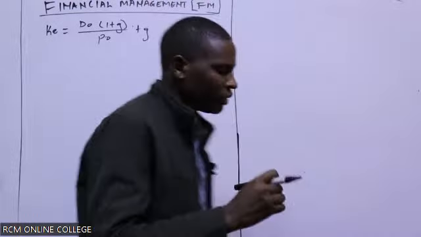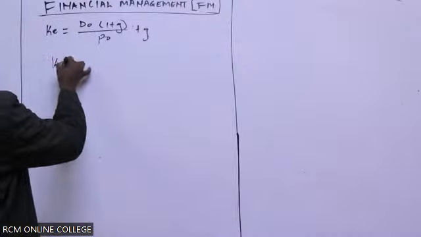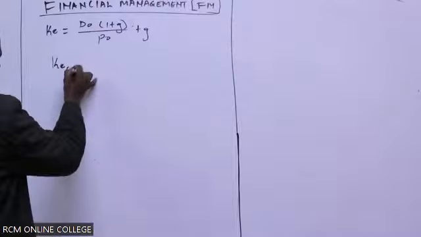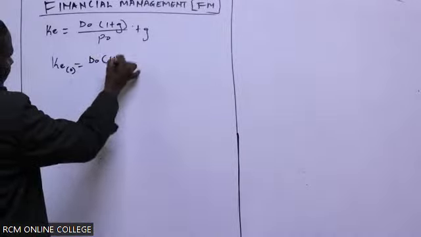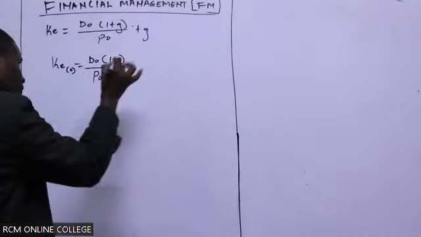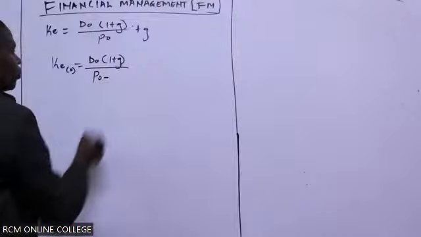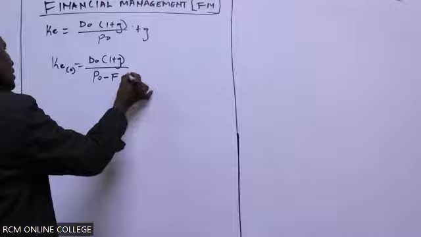You see, now when we go to the KE of ordinary share, where we are issuing new shares, it will be D0(1+g) divided by P0. Then we have to incur some cost here, issue cost, flotation. We have to give some discount.